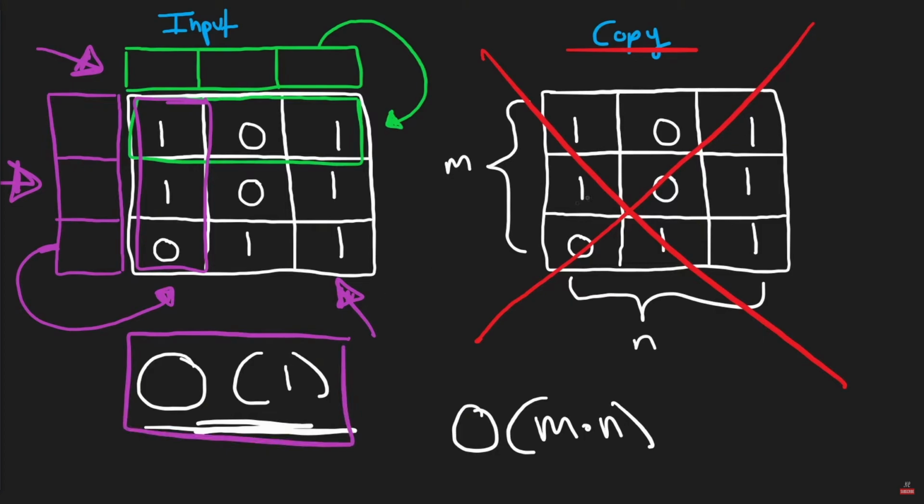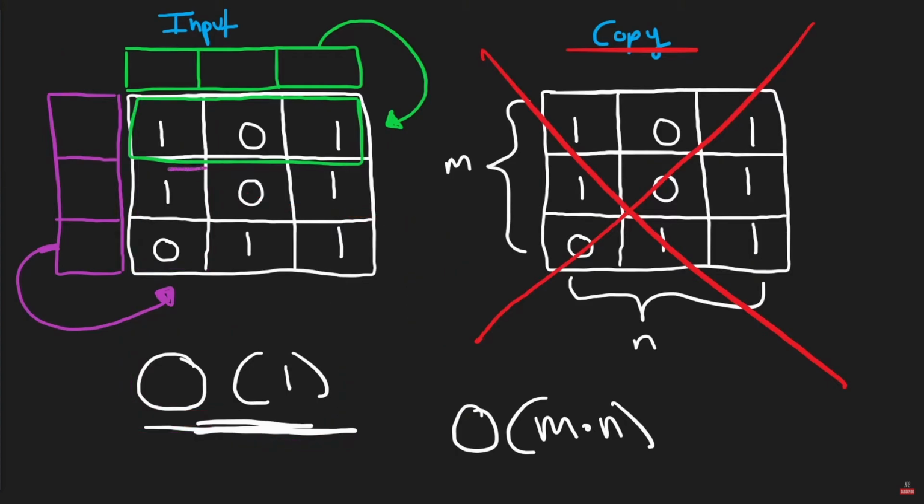Just one little problem. Notice how this position is overlapping. The two arrays are overlapping in this position, so we do need a tiny bit more memory. We just need one more cell, one more variable, but we know that that's still big O of 1.